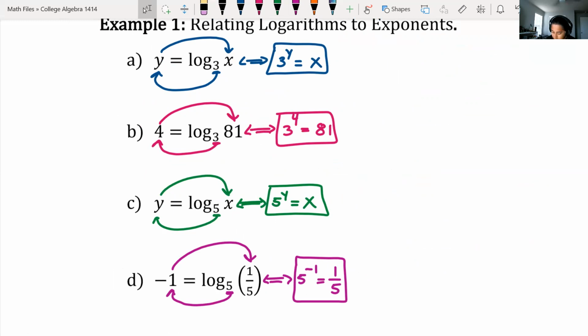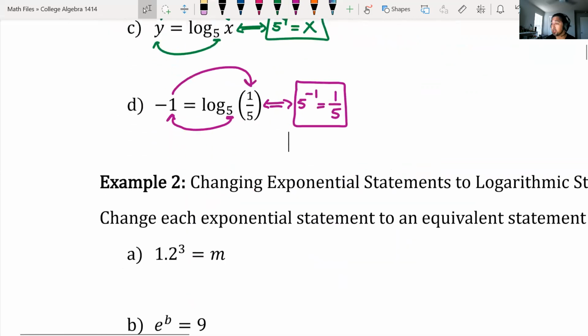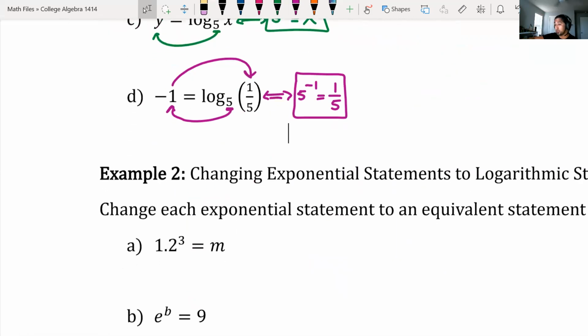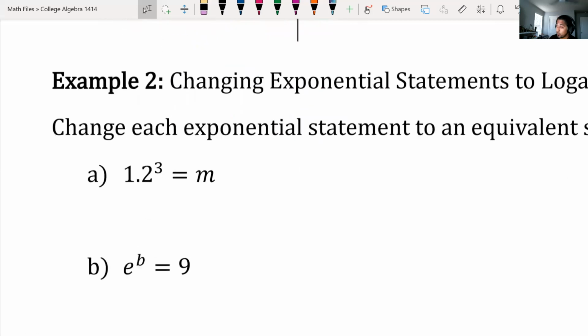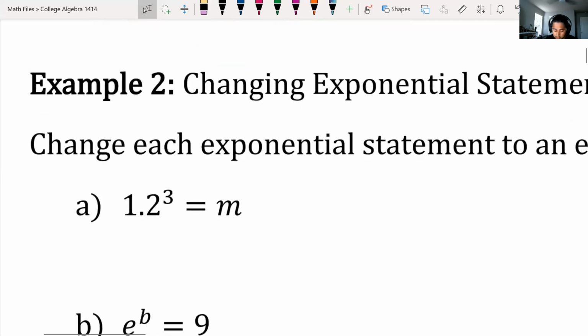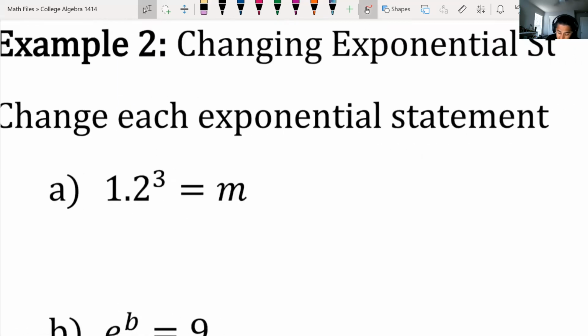Now the next example is going to be changing exponential equations into logarithmic functions. One thing to remember is that now the base of the exponential function will become the base of the logarithm. So we'll start with A. The base is 1.2.